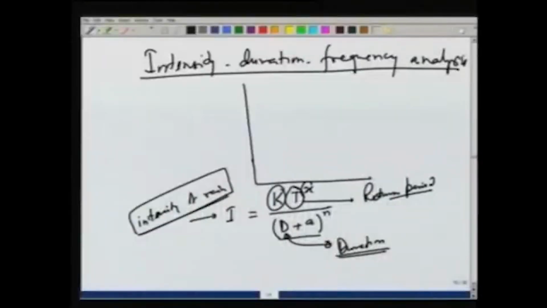The values of k, x, n and a, again they vary from area to area, but some typical values again for Indian conditions can be written. There is a wide range of these values given in literature.